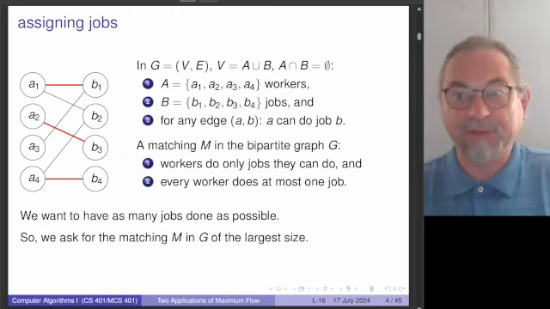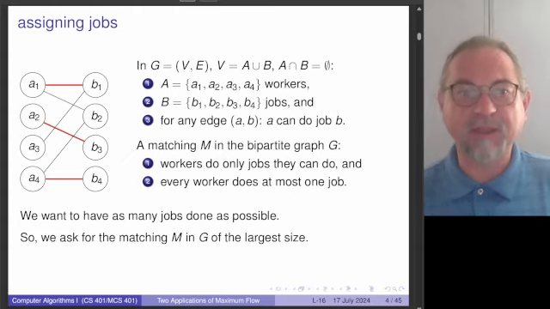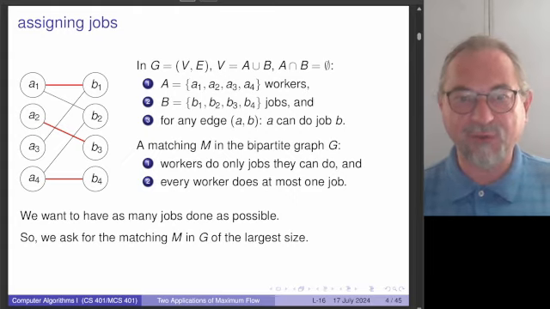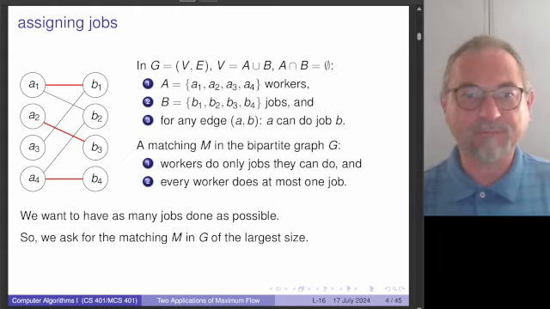Or it could also be a preference, but here it's either yes or no. Then we are looking for matchings, so every worker does at most one job, and workers are assigned only to those jobs that they are qualified for.